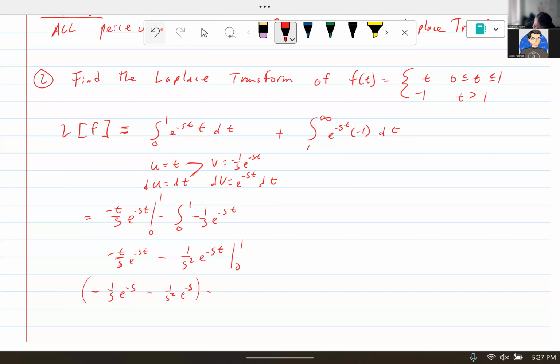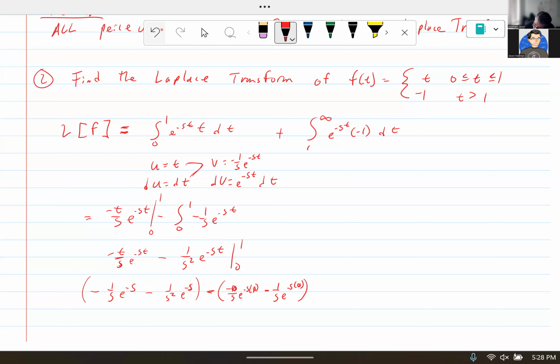Minus, plugging in 0, I get negative 0 over s, e to the negative s, which goes to 0, and then minus 1 over s squared, e to the negative s times 0.